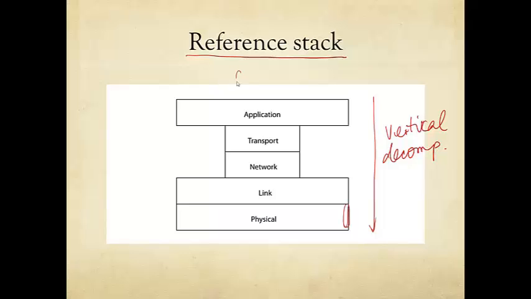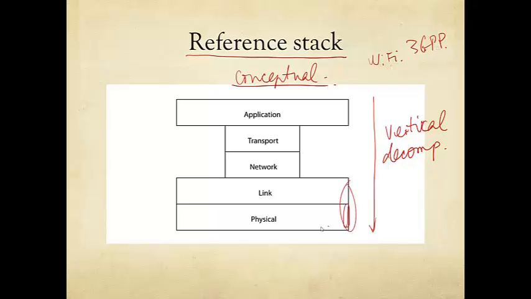This is really a conceptual generalization. If you actually look at Wi-Fi, which is only talking about the details of these two stacks, or you look at, say, 3GPP for cellular, they all have their own specific stacks.